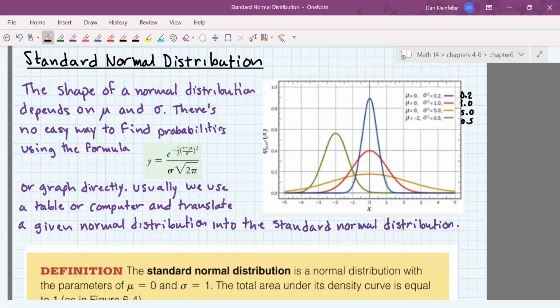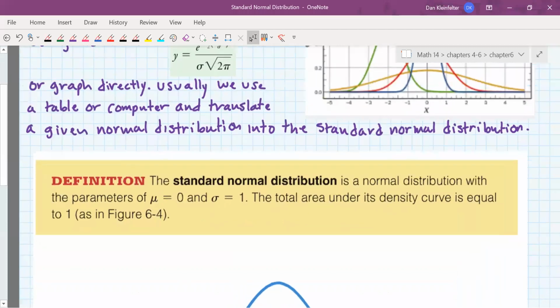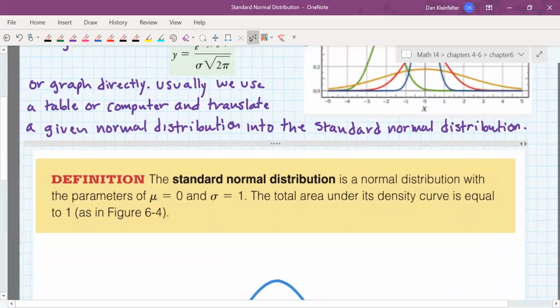So a normal distribution is determined by what its mean looks like and also what the standard deviation or variance is. Because we can't go around with a table for every possible normal distribution there is, typically what we do is we apply a transformation to our particular distribution and end up working with what's called the standard normal distribution.